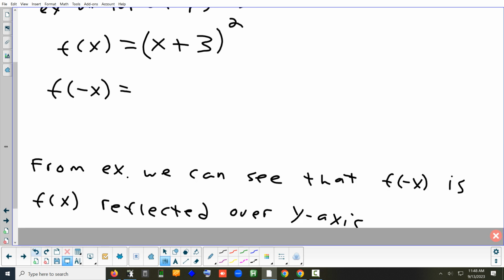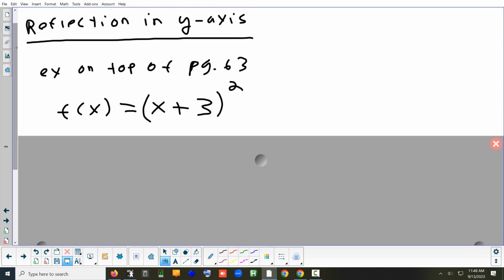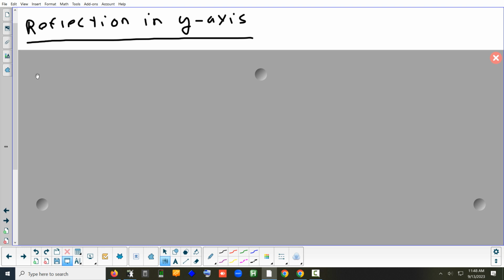What am I getting at here? Oh, okay. So, what kind of symbol in a problem causes a reflection? We talked about this with transformations. A negative. Now, we mostly talked about a vertical reflection yesterday. That's because when you reflect a parabola vertically, it's easy to see. It goes from opening up to opening down.